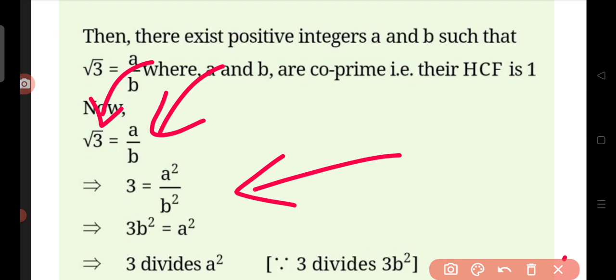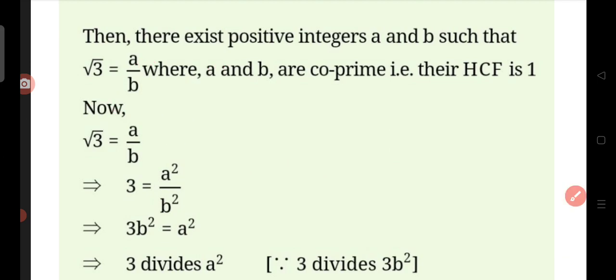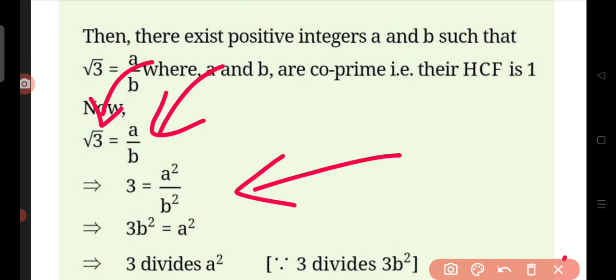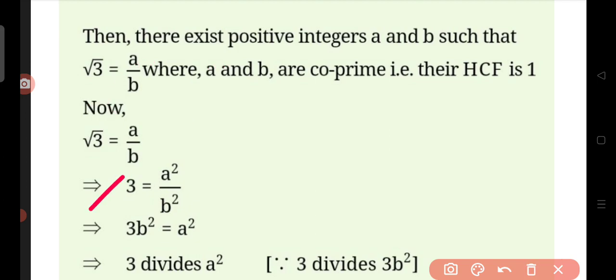If we square both sides, then we get 3 on the LHS and a square by b square on the RHS. So b square multiplied by 3, and the equation becomes 3b square is equal to a square.